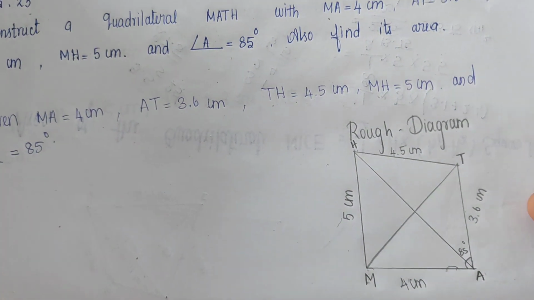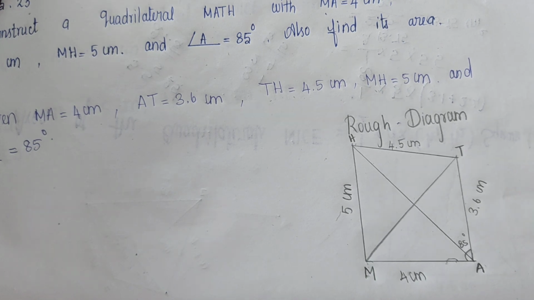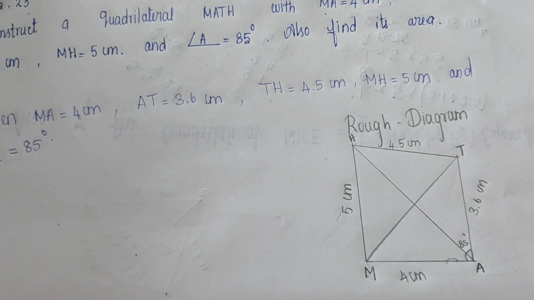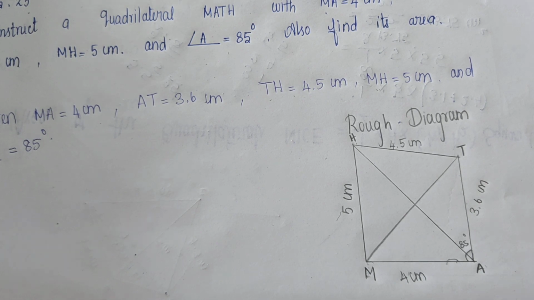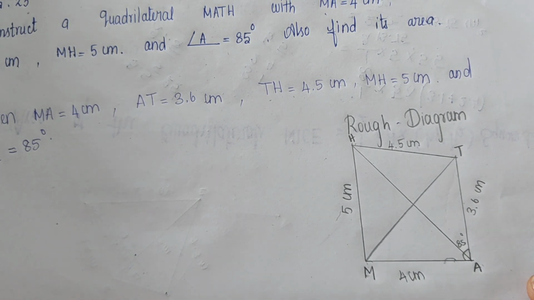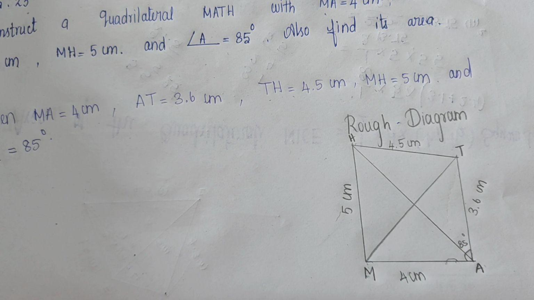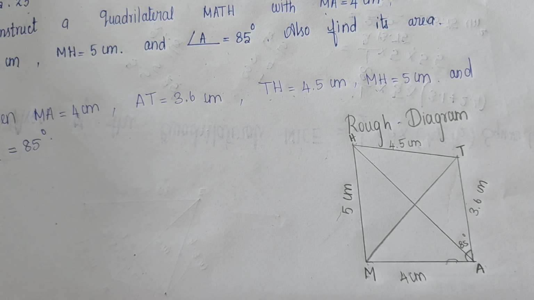Draw a rough diagram in your note. This type of quadrilateral gives four sides and one angle.